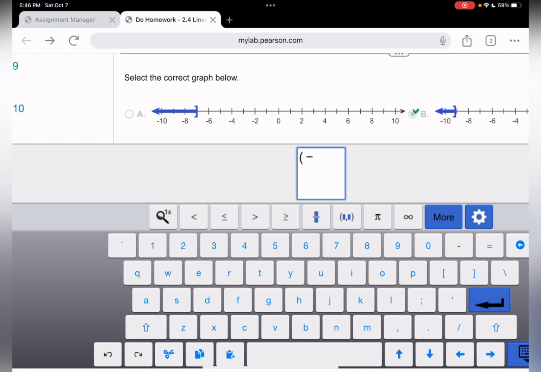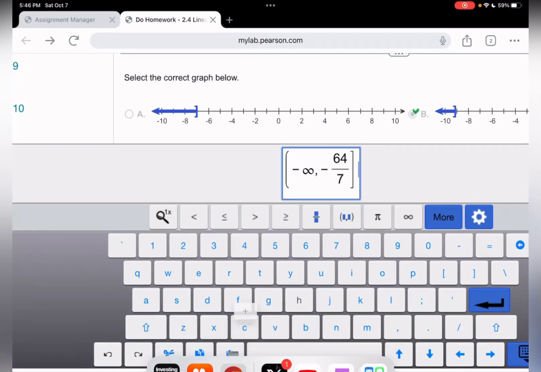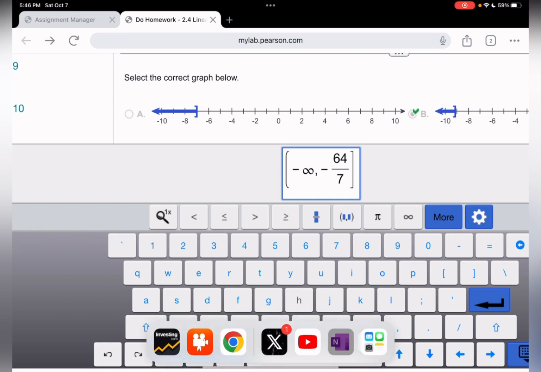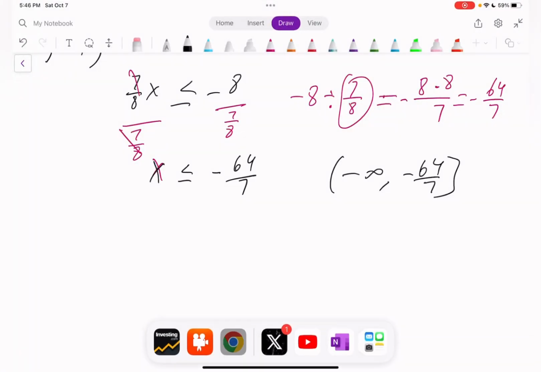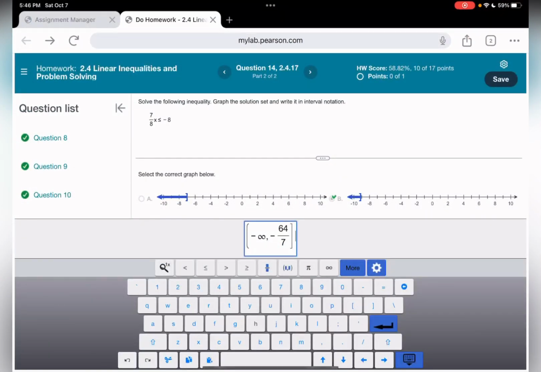Negative infinity, comma, negative 64 over 7, square bracket. It was 64 over 7, right? Yeah. All right.